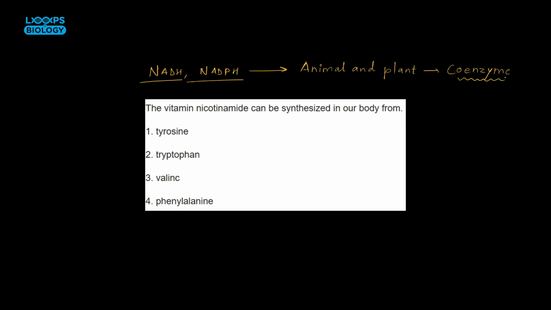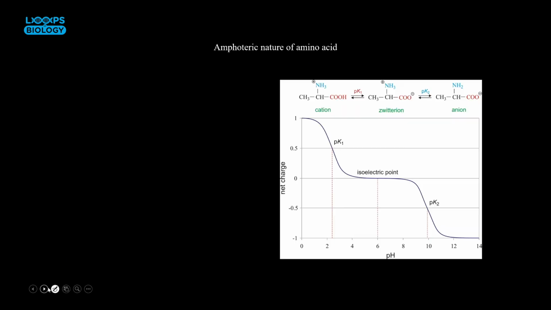You must have seen this in the case of glycolysis or in the case of photosynthesis as well. So these are formed from tryptophan amino acid. Just let it be in your mind that these are formed from tryptophan amino acid.